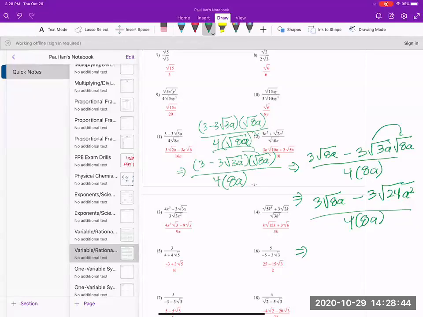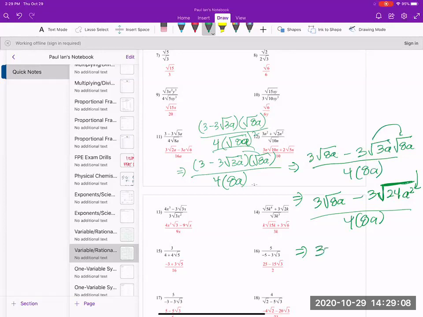So what can we do with this a squared? Add it to the. So it's inside the radical. So square root of a squared is what? I don't know.